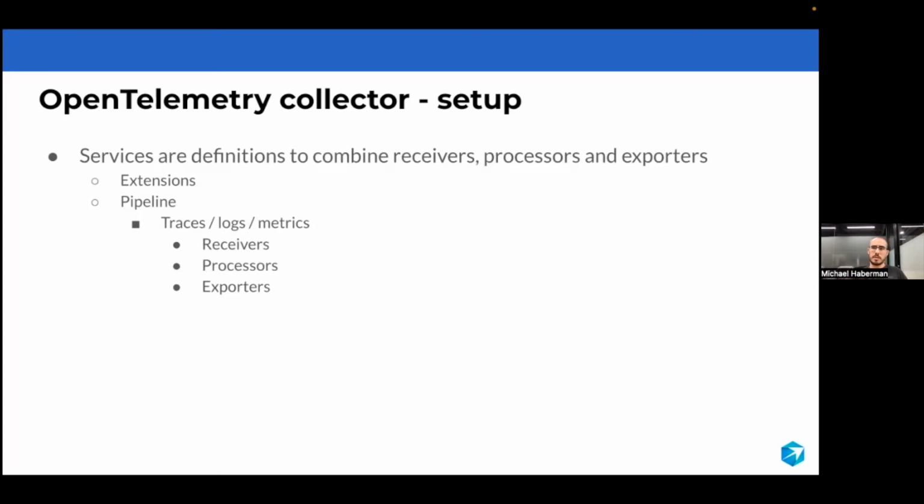Extensions are things that the OpenTelemetry Collector offers that are not part of the ingestion and exporting pipeline. There is other stuff like health check, where we want to make sure that the OpenTelemetry Collector is up, or reporting metrics of the collector in order to debug it. And the pipeline itself: you have different pipelines for traces, logs, and metrics.